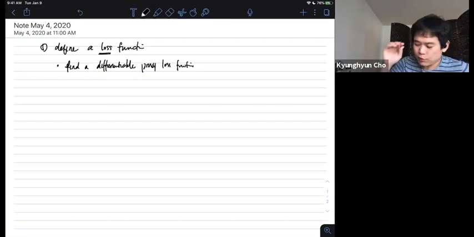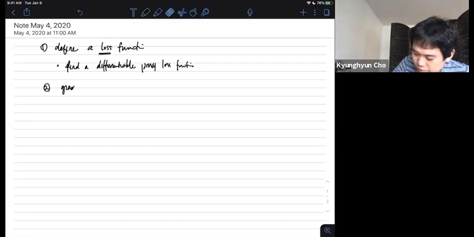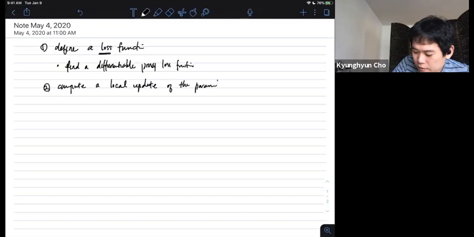Okay, that's fine. So let's say we now have a differentiable loss function. Once we have the differentiable loss function, then we compute the gradient, right? And why do we compute the gradient? Because we want to compute a local update of the parameters of a model or our machine, right?